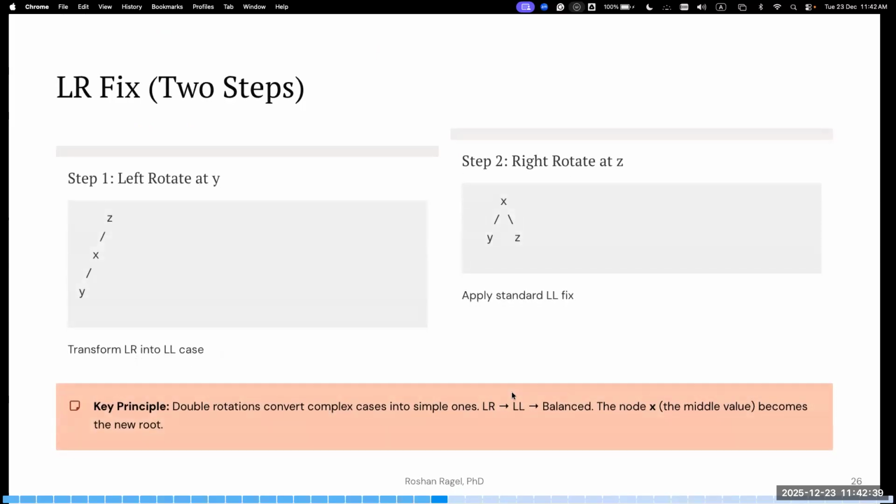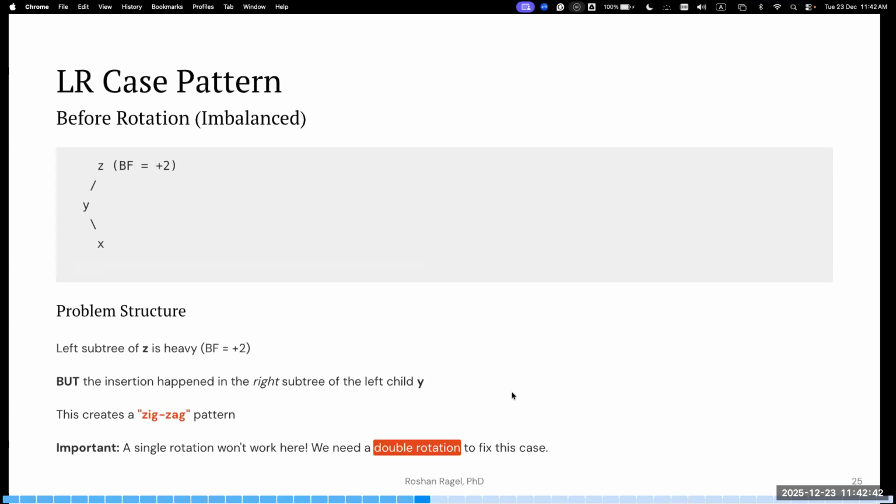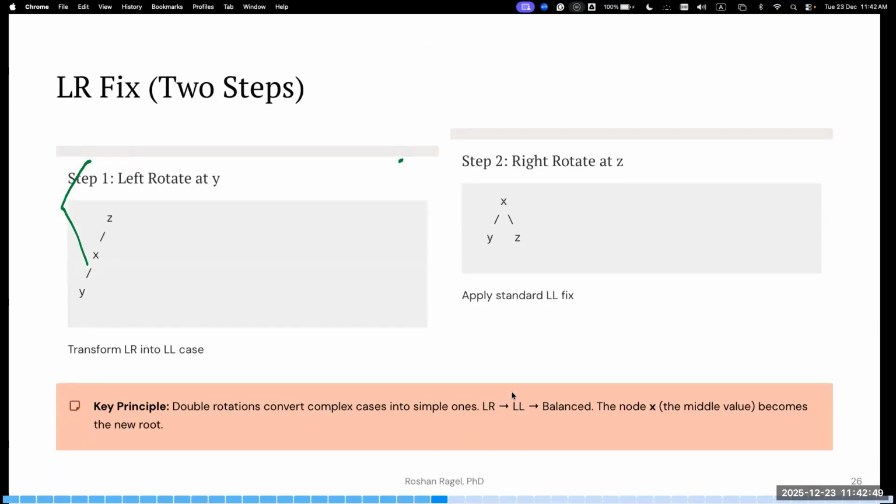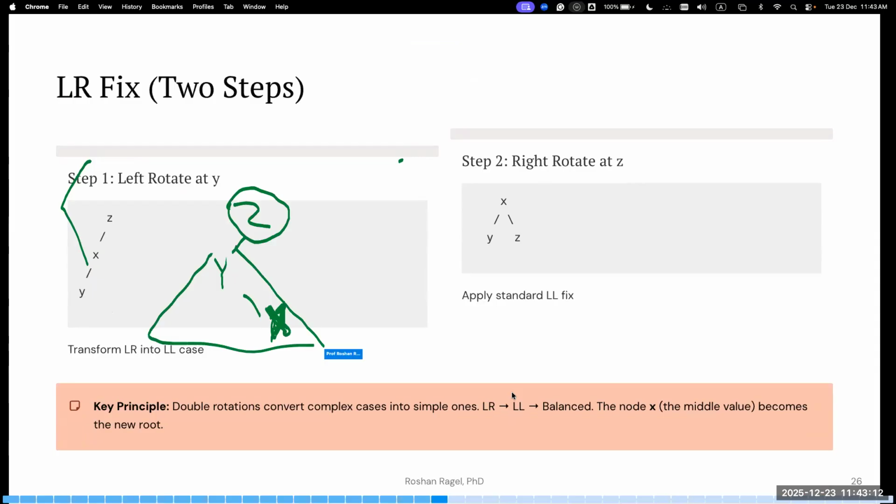So remember, this is what I had: we originally had Z, Y, X here, a zigzag, right? That is what we had. And the imbalance has happened because of the left-right issue. It's a left-right issue because it's on the left subtree and the right node, right?